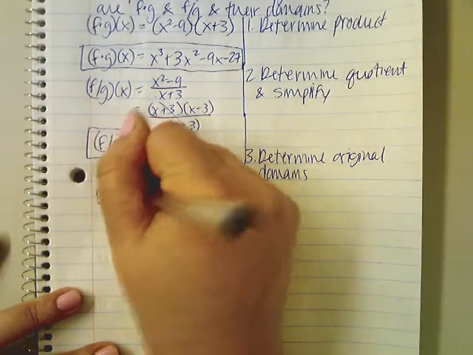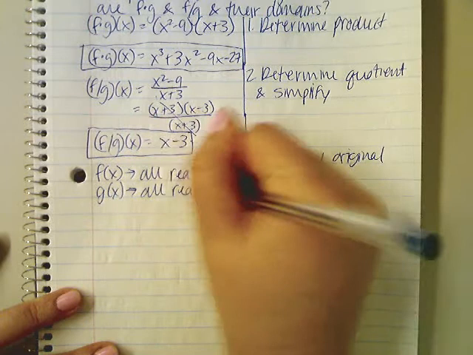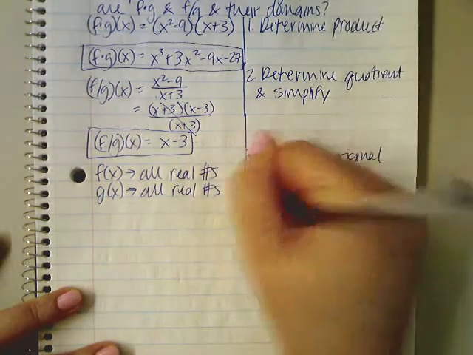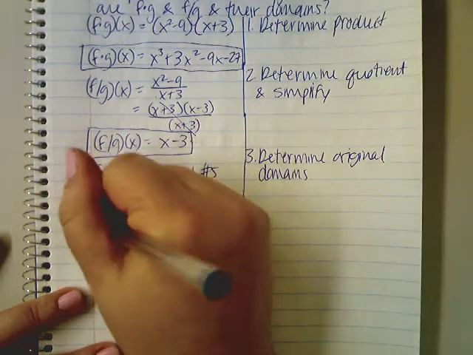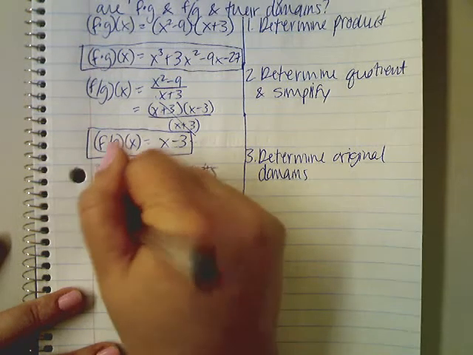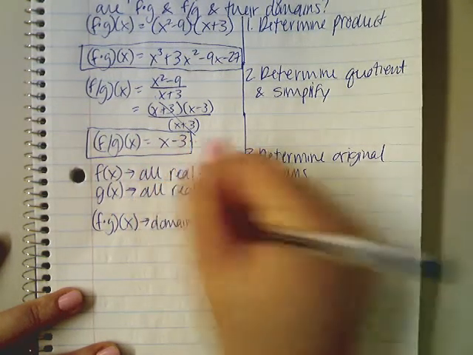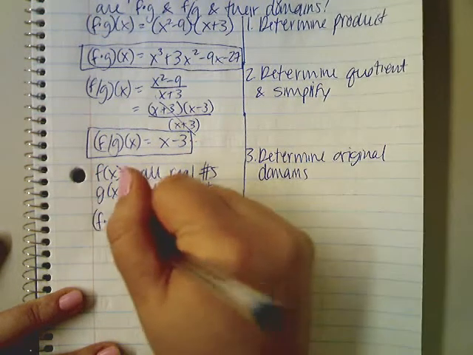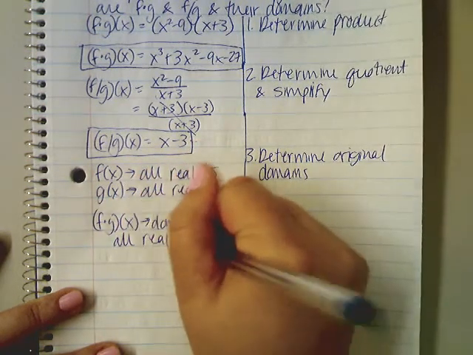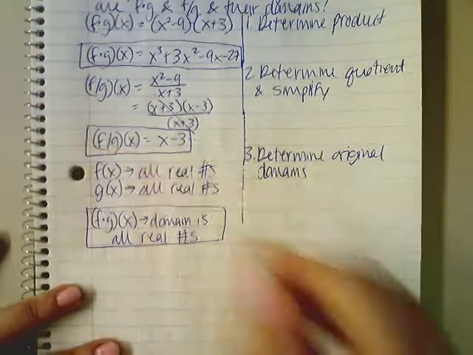So my original domains are all real numbers. So the domain for the product, so f dot g of x, domain is all real numbers. So that's my domain for the product.